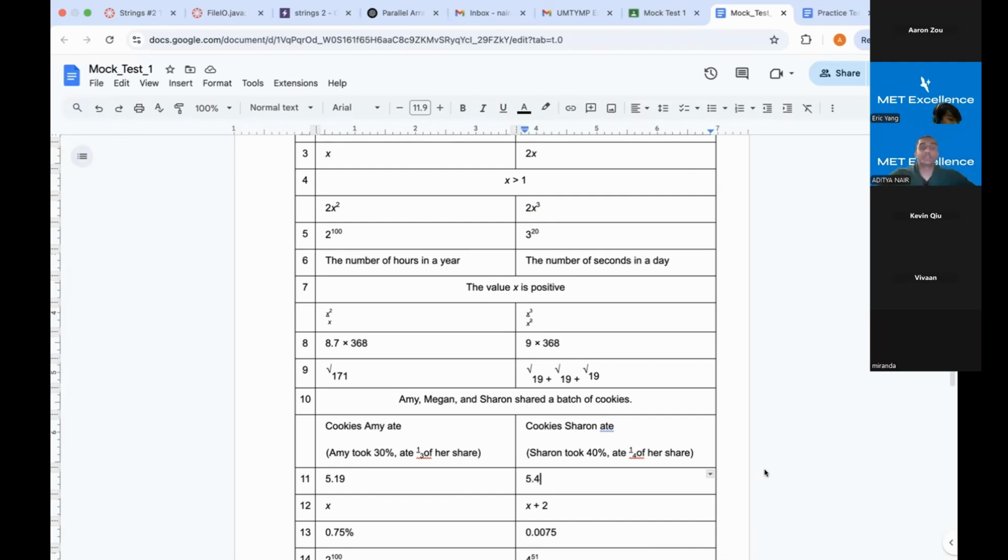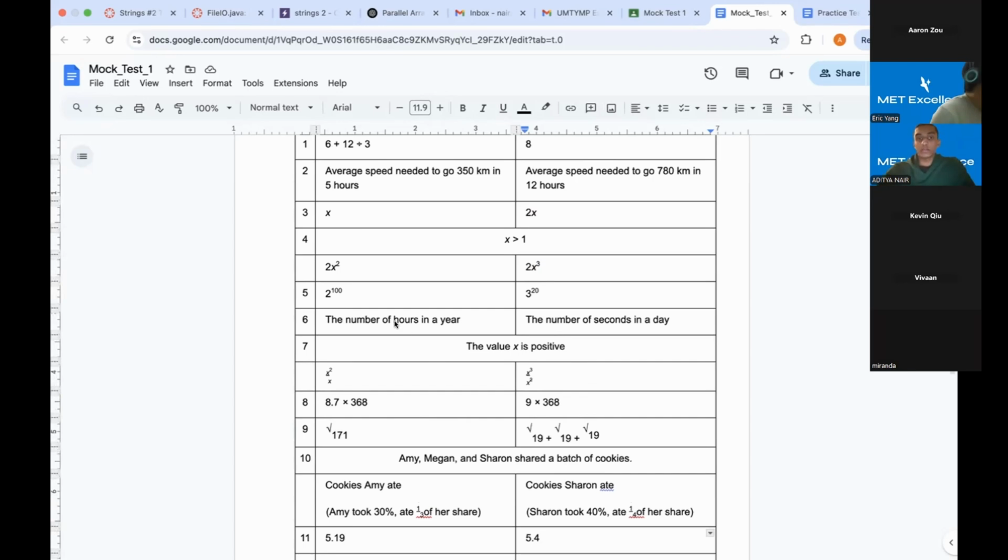All right, now for number 6, the number of hours in a year versus the number of seconds in a day. At first glance, you might think that there are more hours in a year than there are seconds in a day. But if you think about this one, it's going to be 365 times 24. I'm not going to tell you the exact number for that because you actually don't need it.